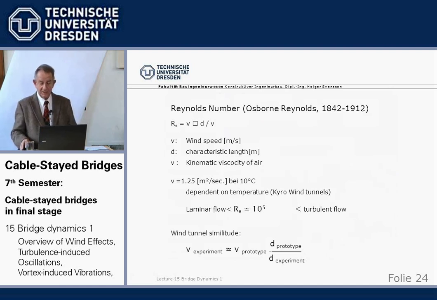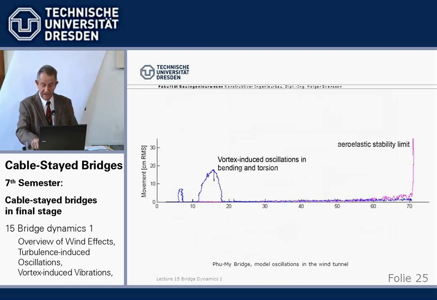Now, thank God, I would like to say, what shows up in the wind tunnel not always appears in reality. We have here a typical diagram from a wind tunnel where we have increasing wind speed up to probably 70 meters per second, probably for reality already recalculated. And here we have the movement.